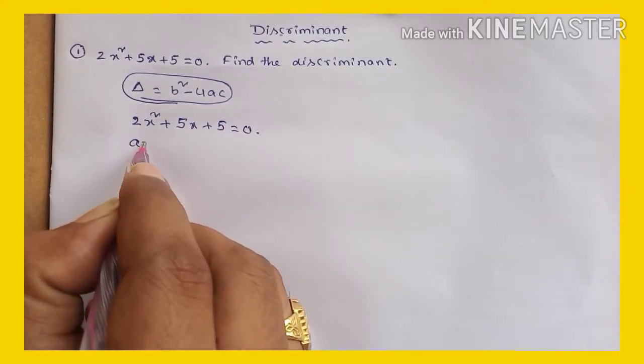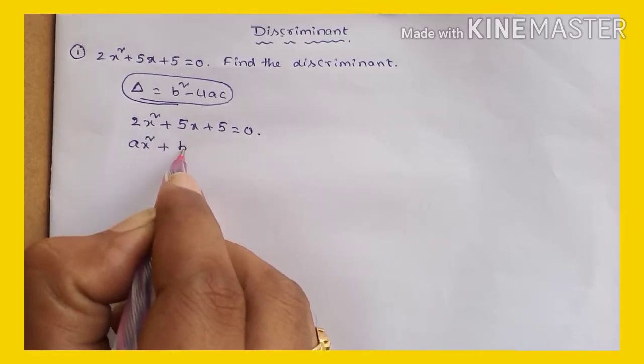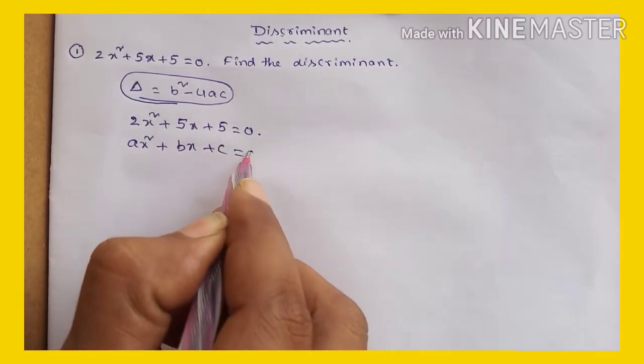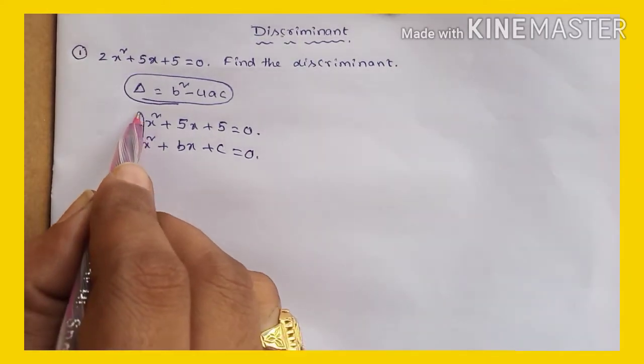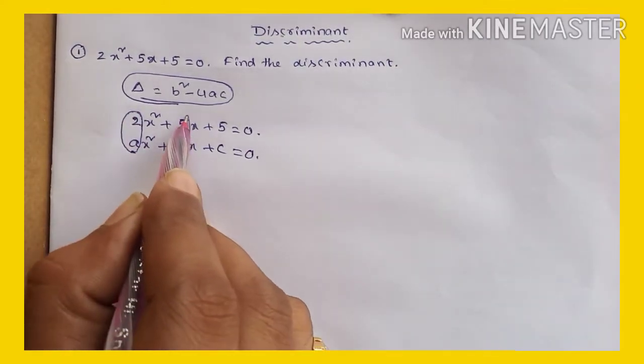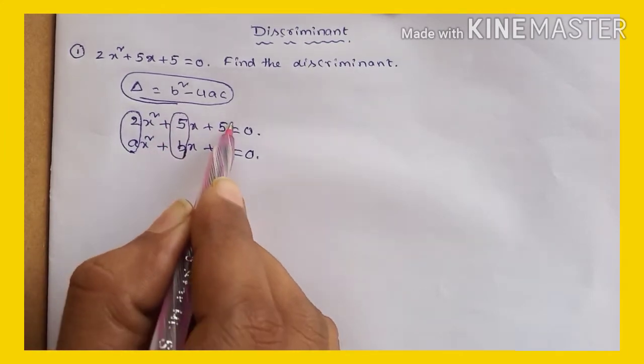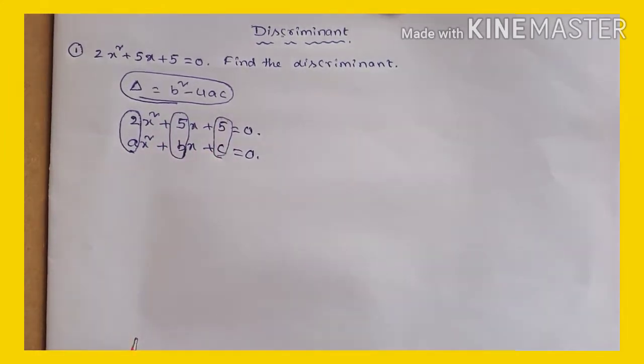This quadratic equation we have to compare with ax square plus bx plus c is equal to 0. So here a value is equal to 2, b value is equal to 5 and c value is also 5.